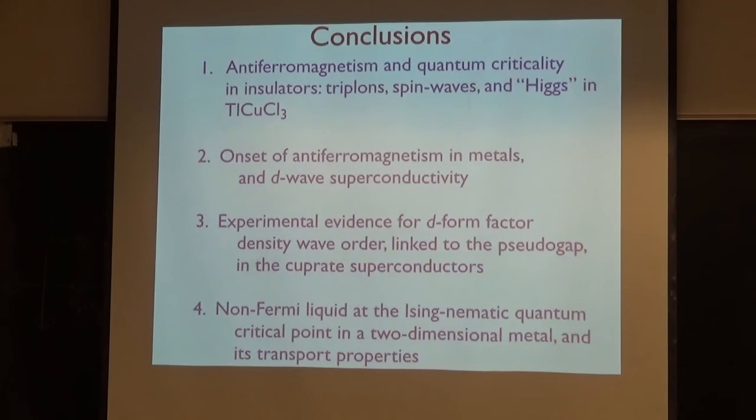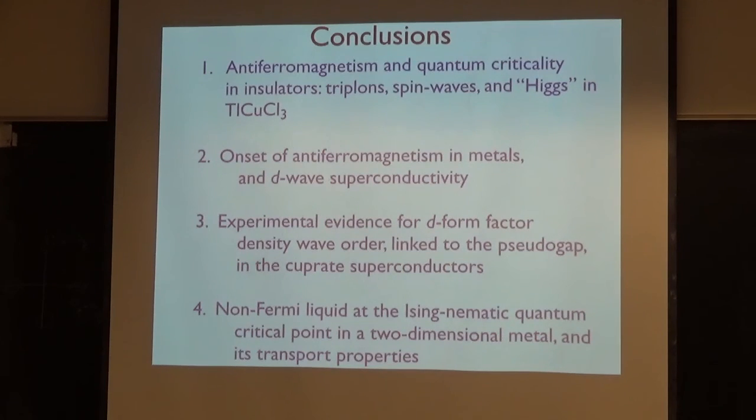Then I reviewed the theory of onset of antiferromagnetism in metals. That leads to planar damping and d-wave superconductivity, as has long been understood. And then this morning, I talked about the idea that the critical theory has an extra symmetry that led us to think about the possibility of non-trivial form factors in a very particular way in the cuprate superconductors.